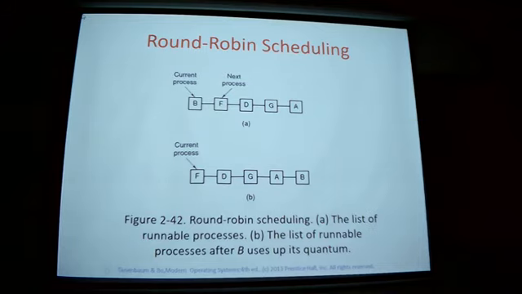If we just change the length of the quantum, maybe we can increase this one. For example, maybe this can be 100 milliseconds. So we can also compute this one.